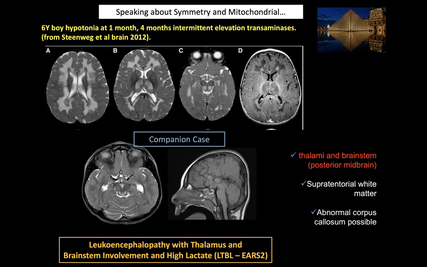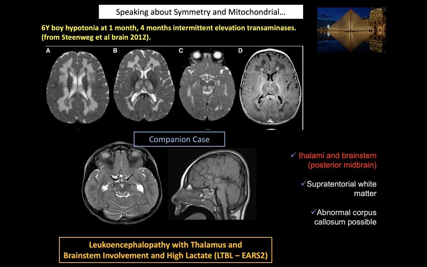There are a lot of neurogenetic and neurometabolic disorders that may present with malformations, as explained in the paper by Astik Biswas that I suggested in part 1 of this lecture. So ERS2 also can appear with malformation of the corpus callosum.